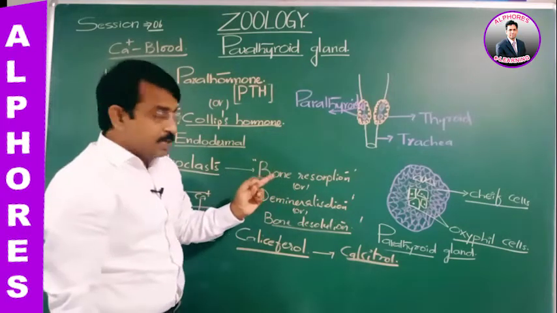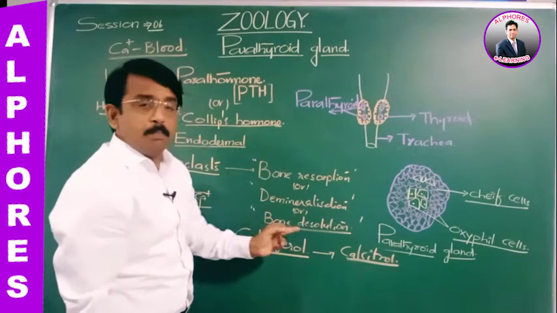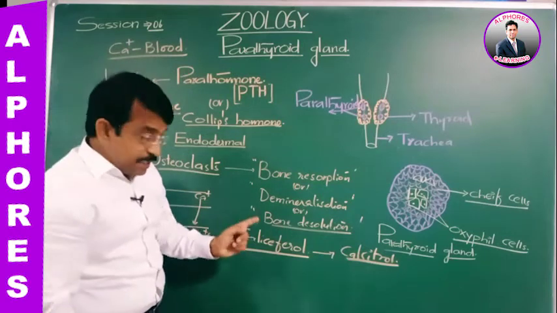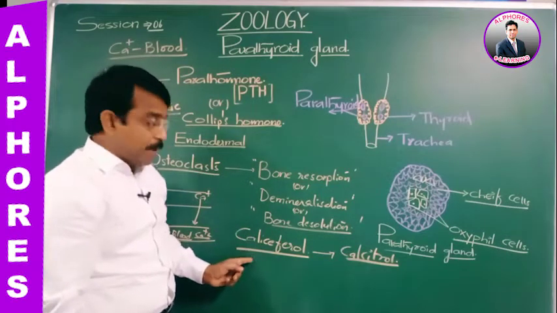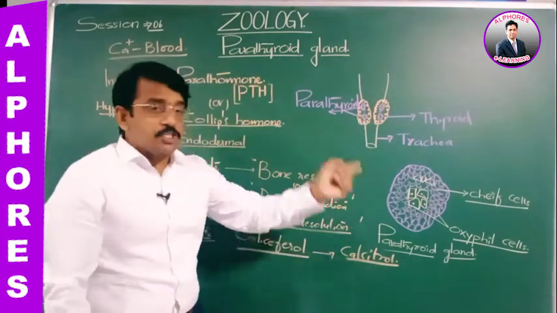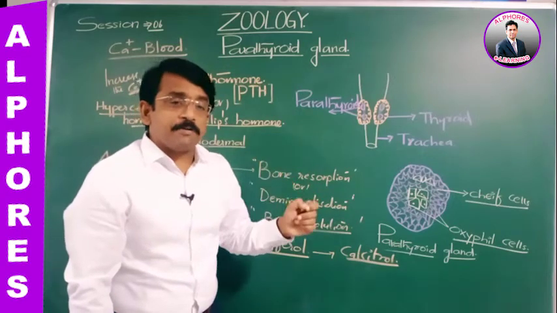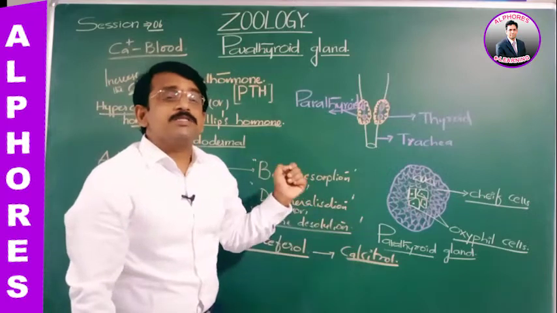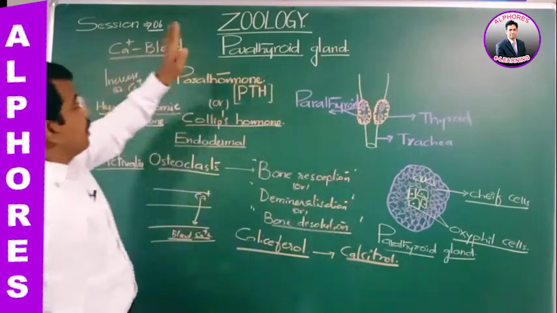That in turn causes bone resorption, demineralization, bone dissolution, and it activates calciferol, the inactive form of vitamin D, into the active hormone, which in turn plays a role in the absorption of calcium from the gastrointestinal tract as well as the renal tubule. This is how the calcium levels are increased by parathormone.